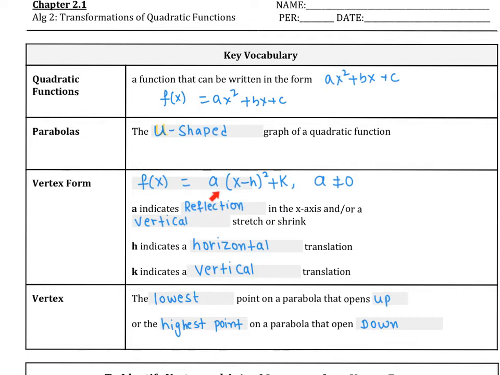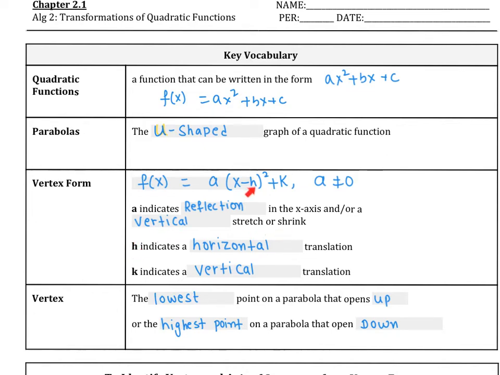If the sign is negative, it's a reflection over the x-axis. Also, if a is, for example, 3, it is a vertical stretch, and if it is 1/3, or a number less than 1, then it's a vertical shrink. So a is used for reflection and vertical shrinks and stretches.